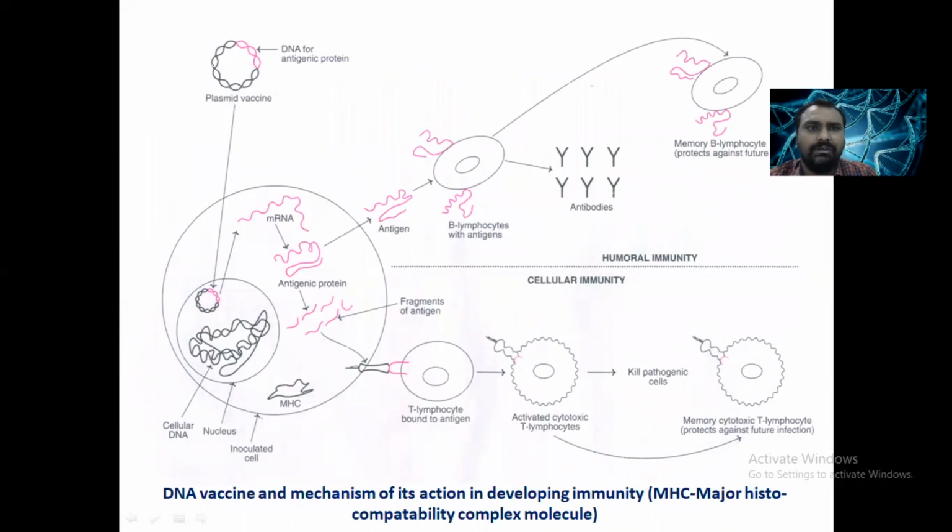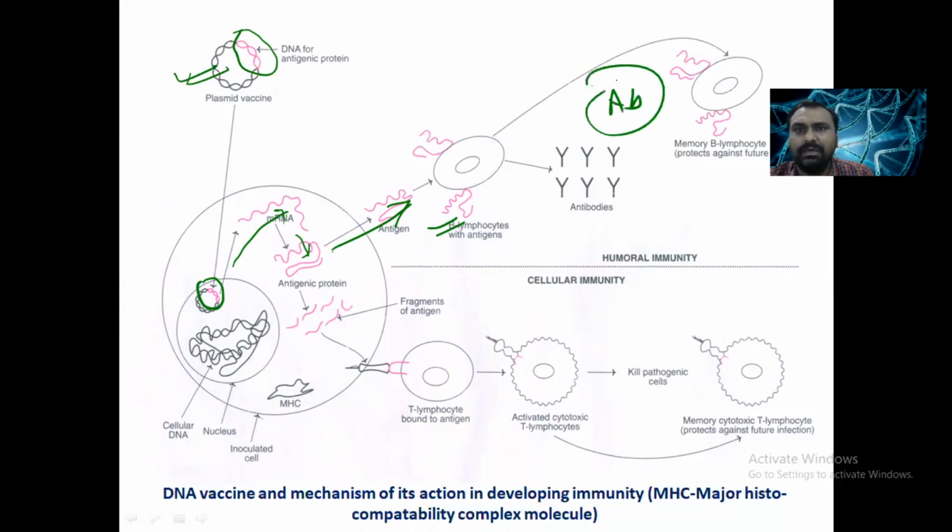So what happens in a vaccine? When we give the vaccine, this plasmid contains the DNA of an antigenic protein. When it is given to the host cell, this gene of interest, the antigen, will make the mRNA. From that mRNA, protein is made, and the protein is broken down into fragments that can be taken up by our immune system, and B lymphocytes will produce antibodies, so that it can kill the antigen the next time.